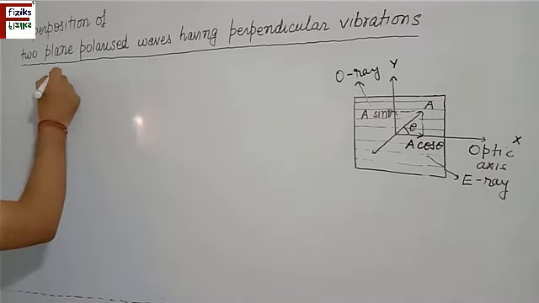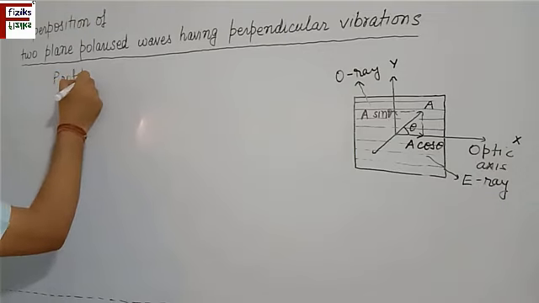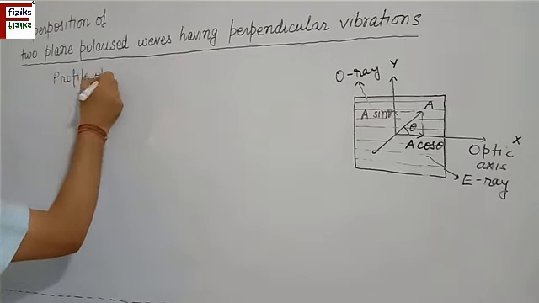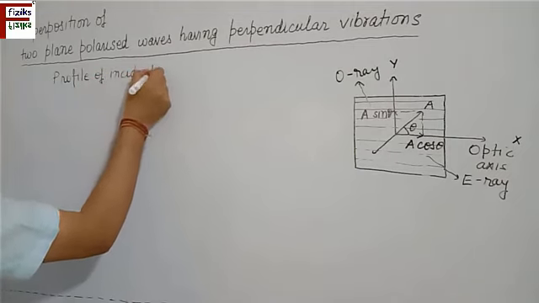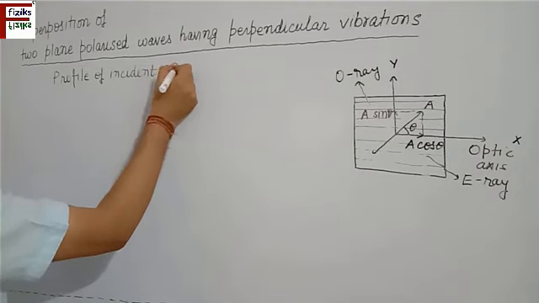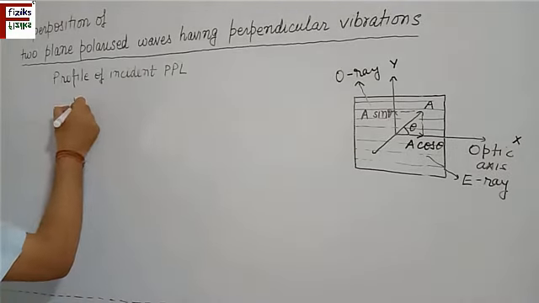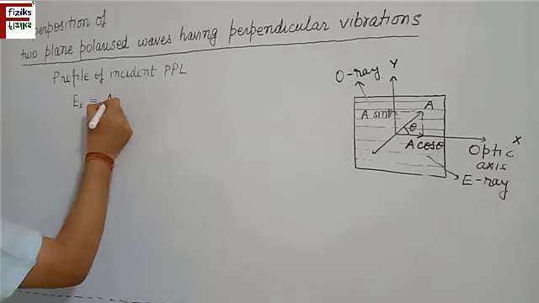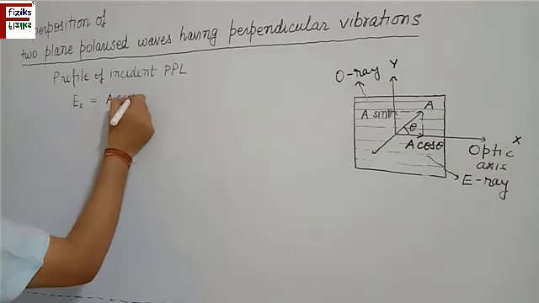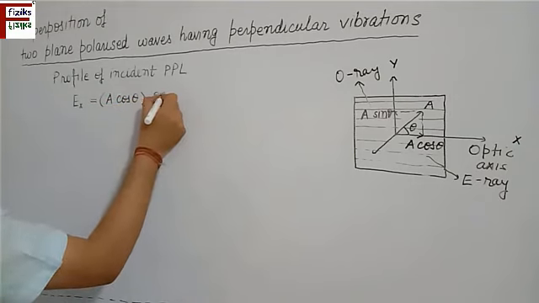So the profile of the incident plane polarized light will have two components. One component will be along the x-axis. I will represent this by Ex. This will be A cos theta, this is the amplitude, and this is sin omega t.